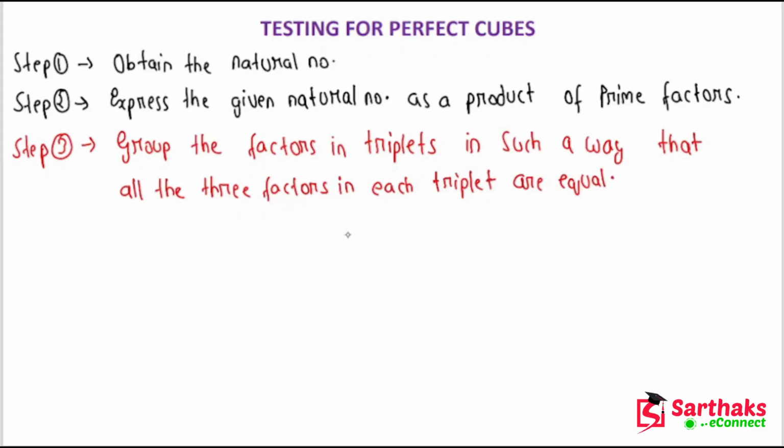So all the three factors in each triplet should be equal.